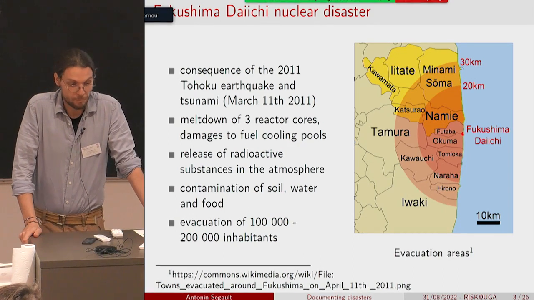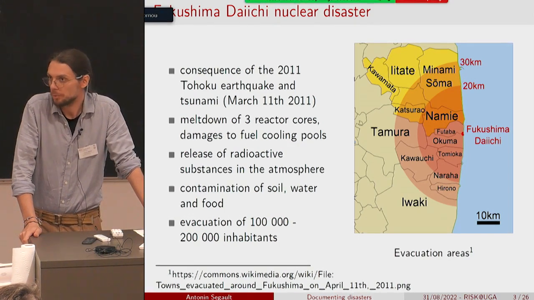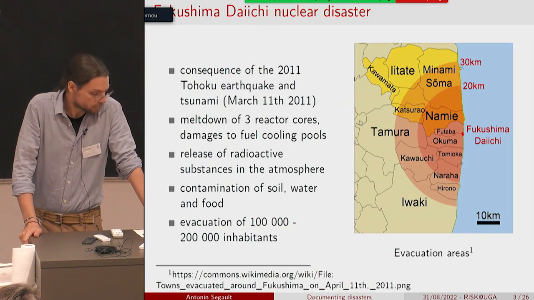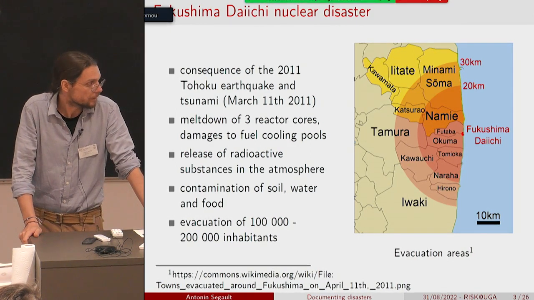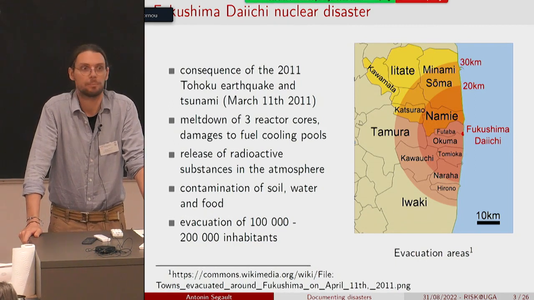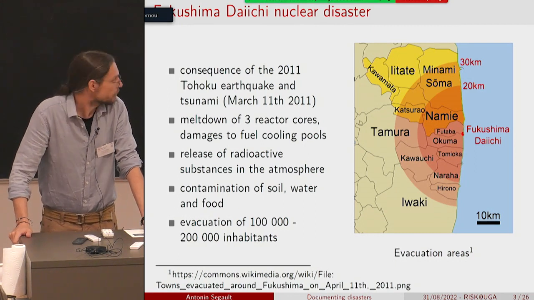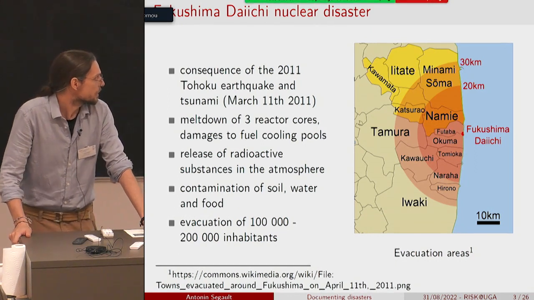The tsunami itself killed something like 100,000 people. But it also affected a lot of infrastructures, and it hit quite hard a nuclear power plant that was just on the coast. Nuclear power plant that was called Fukushima Daiichi.